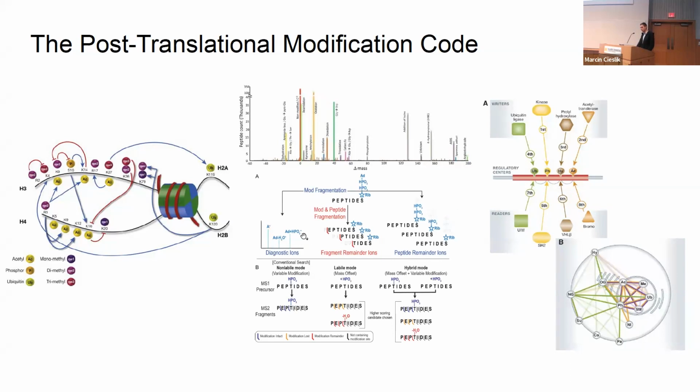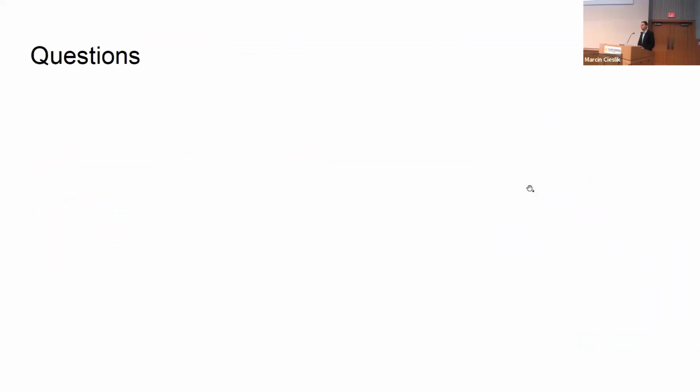And here again, a plug for Alexei's lab, which develops computational methods that really allow us to position and quantify all of the PTMs. But we need the next step. From all of that knowledge of the PTMs, we need to actually find what they mean, how they interact, and how to interpret them in the context of biology.